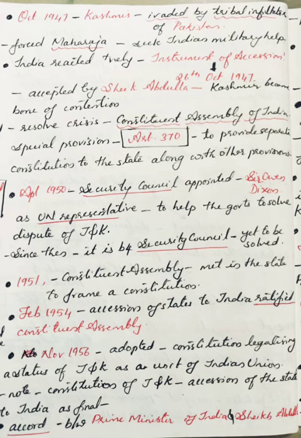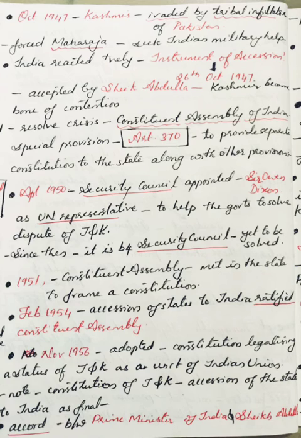In 1951, the Constituent Assembly met in the state to frame a constitution. In February 1954, the accession of the state to India was ratified by the Constituent Assembly. In November 1956, it adopted a constitution legalizing the status of Jammu and Kashmir as a unit of the Indian Union.